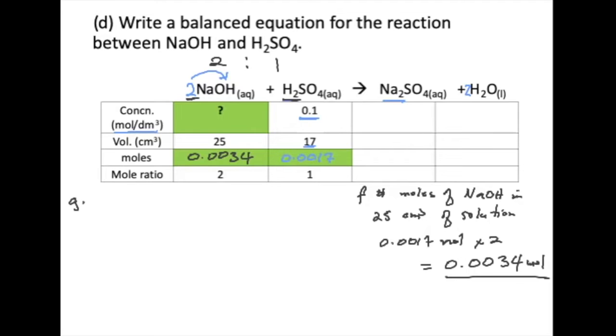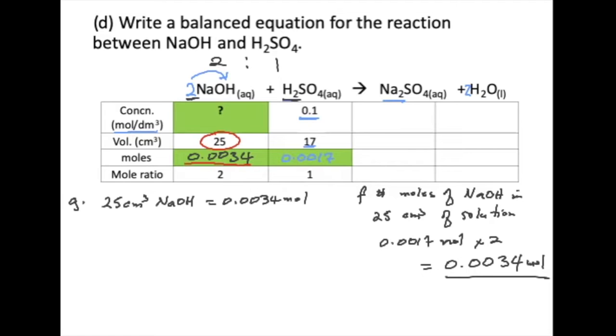So here we are. We have the volume of sodium hydroxide, and we have the number of moles that's present in it. So we can write a statement connecting the number of moles of sodium hydroxide with the volume that we have. That statement would say 25 cm cube of our sodium hydroxide contains 0.0034 moles.